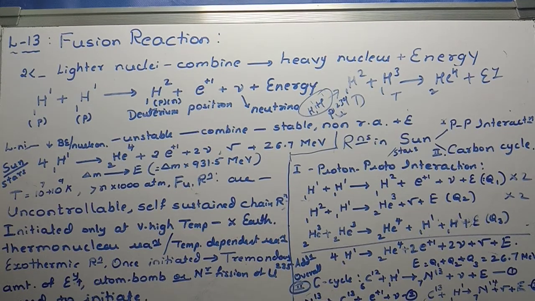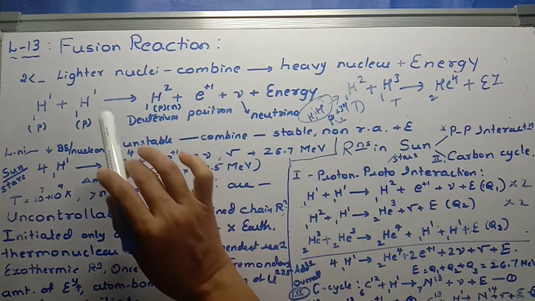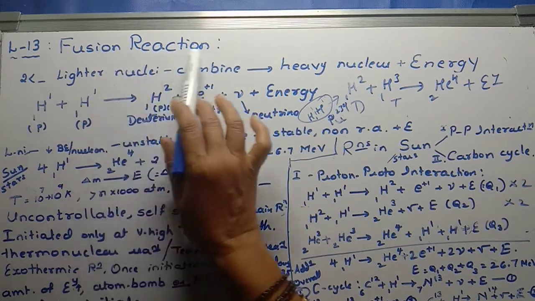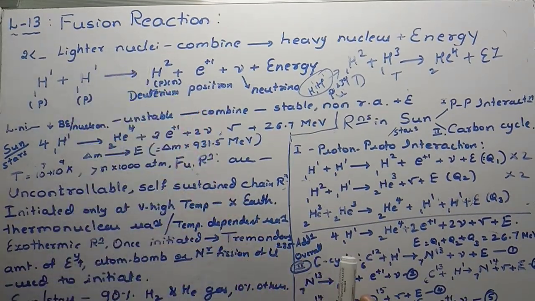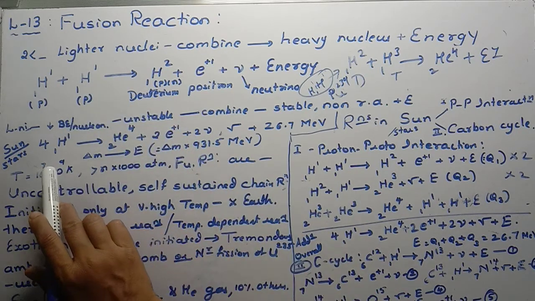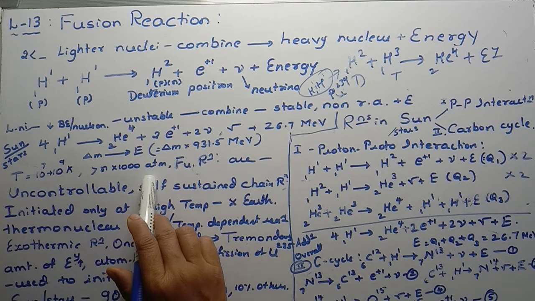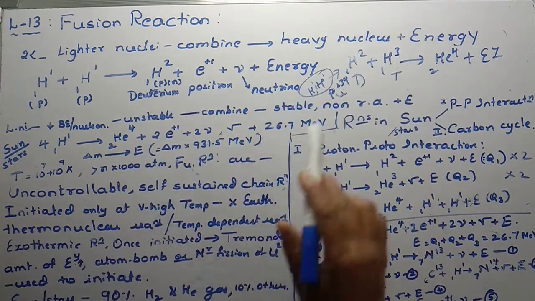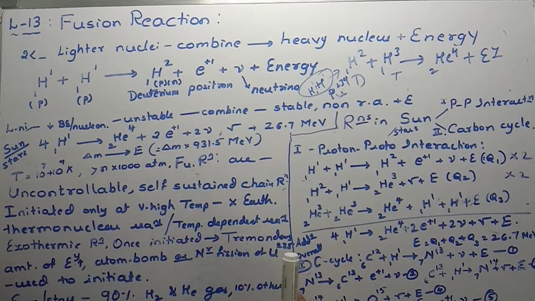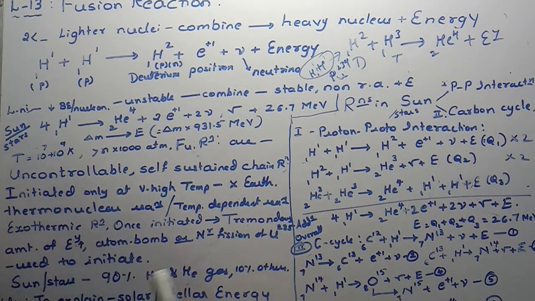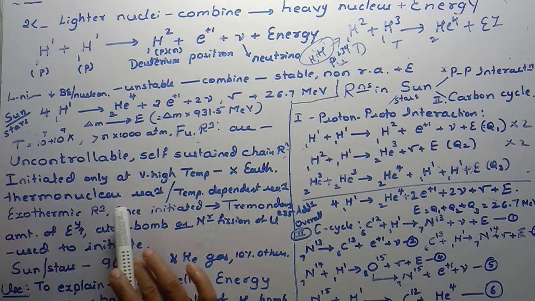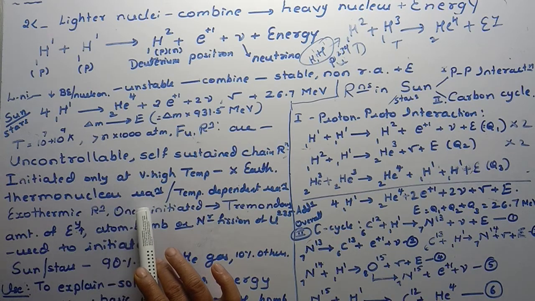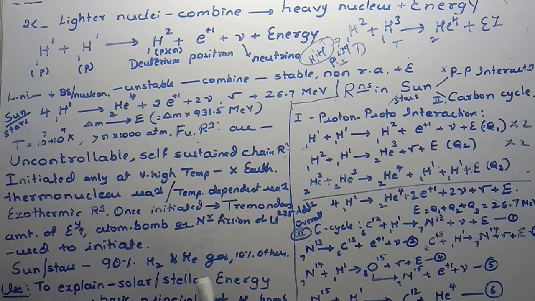I think it is clear to you what the nuclear fusion reaction is, its definition, why the lighter elements combine and under what conditions they combine. Once they start, they are self-sustained chain reactions which are uncontrollable, and they are temperature dependent, said to be thermonuclear reactions, and they are exothermic.